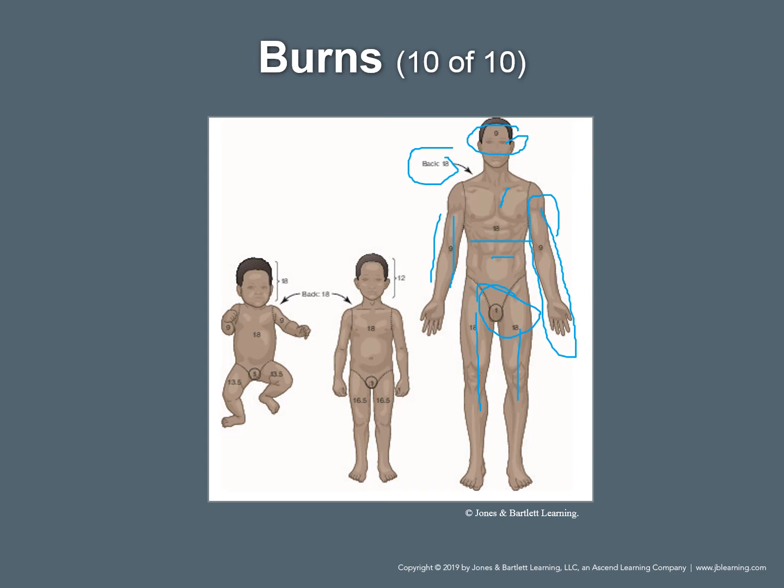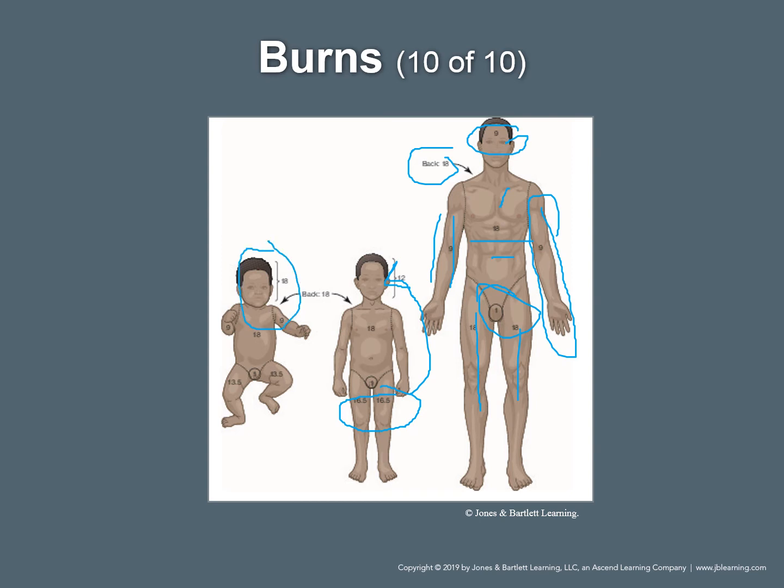Now for kids, they've got big old heads. Okay? So what we did with kids is we took from the legs and we added it to the head. Okay? So toddler on up, bigger kids, their head is worth 12% and their legs are worth 16.5. Okay? Everything else is the same.